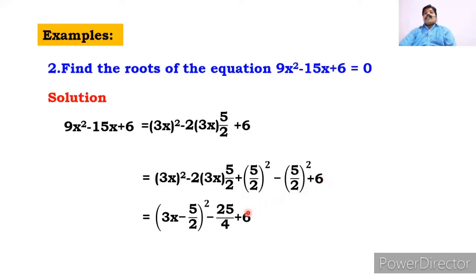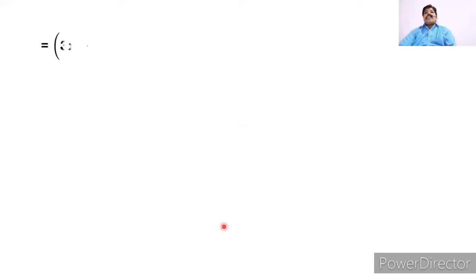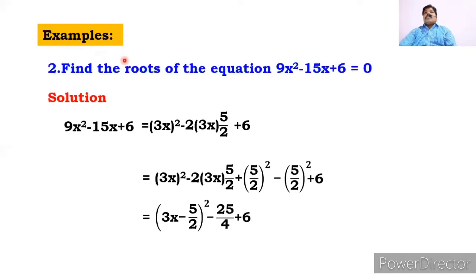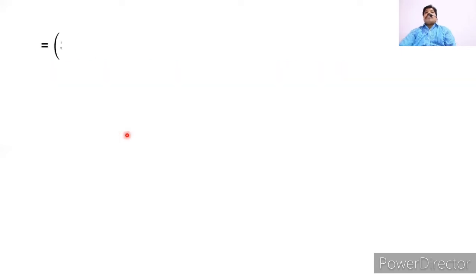If you take the LCM, 4 into 6 is 24, minus 25 is nothing but minus 1 by 4. So it will become (3x minus 5 by 2) whole square minus 1 by 4. So this value 9x square minus 15x plus 6 can be written as (3x minus 5 by 2) whole square minus 1 by 4.